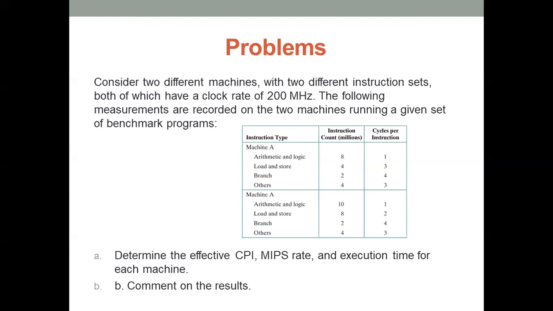Okay, for the next problem. The question is, consider two different machines with two different instruction sets, both of which have a clock rate of 200 MHz. The following measurements are recorded on the two machines running a given set of benchmark programs.